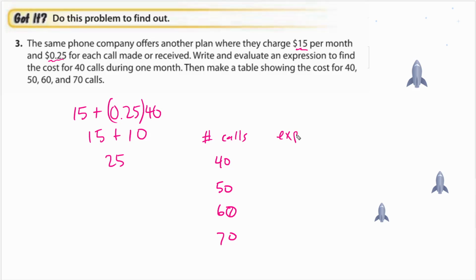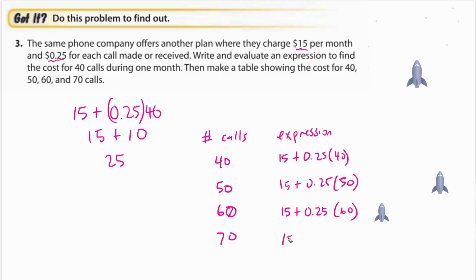Then we're going to write our expression, which is going to be 15 plus 0.25 times 40, 15 plus 0.25 times 50, 15 plus 0.25 times 60, and 15 plus 0.25 times 70.